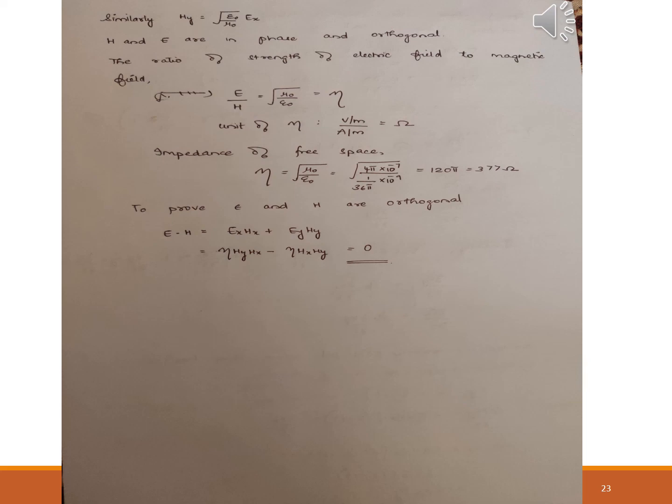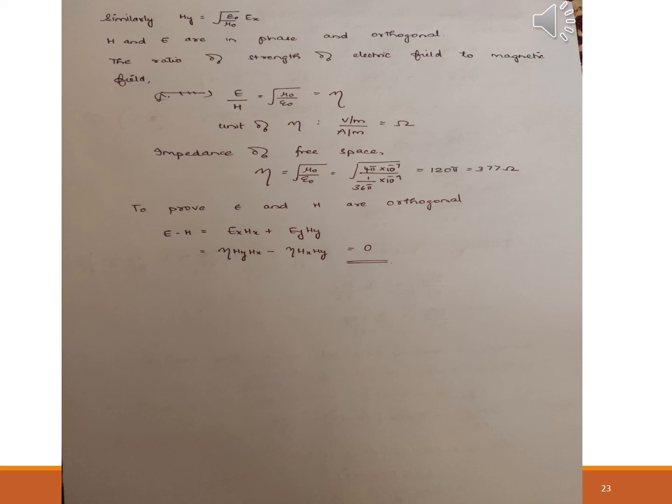Then we came to the case of plane waves. We discussed what a plane wave is, and particularly the properties of a uniform plane wave. We discussed the wave equations for a plane wave and found out that in free space, it has the same velocity as that of light. Three different expressions for velocity I've explained, V, the velocity of propagation.